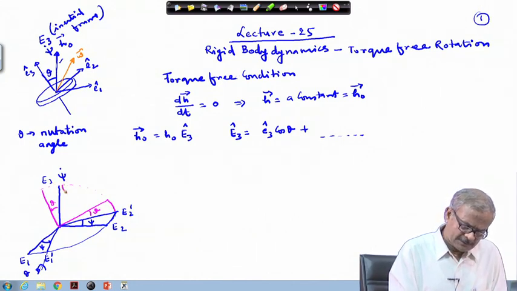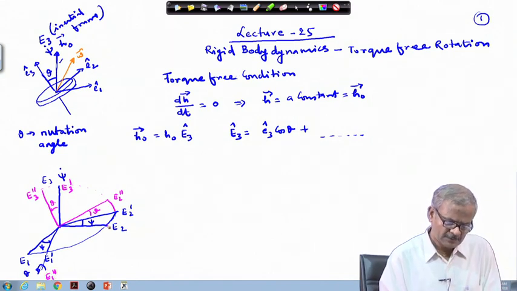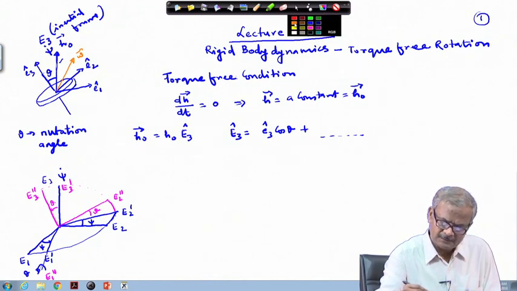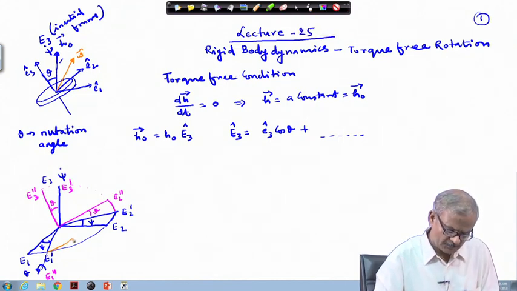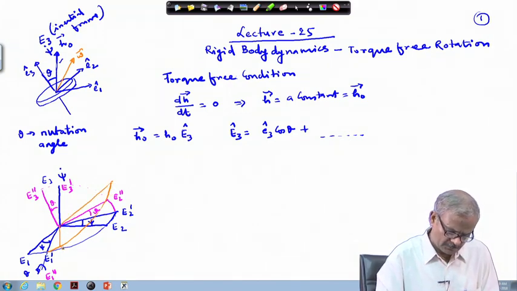This is your E 3 and E 3 prime is along the same direction, and E 3 double prime here, E 2 double prime and E 1 double prime, and thereafter we are giving one more rotation by phi here.